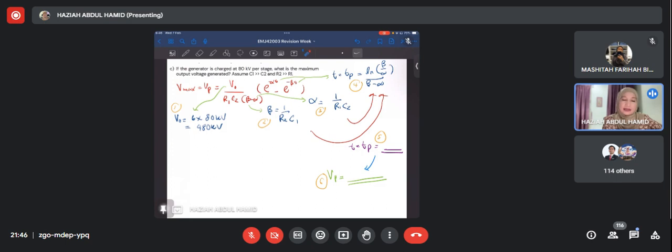And then R1, C1 semua you boleh calculate sendiri and masuk in this alpha and beta. Alpha and beta is our time constant, okay, during charging and discharging. Ni dah approximated by this assumption: C1 lebih larger than C2, R2 larger than R1.